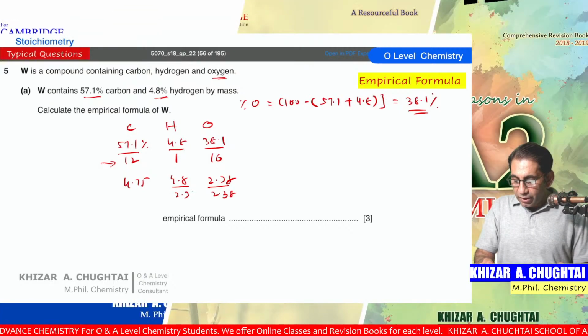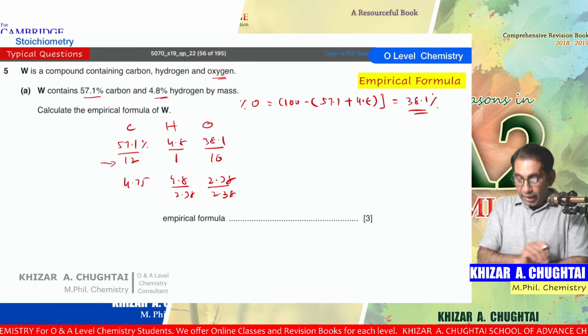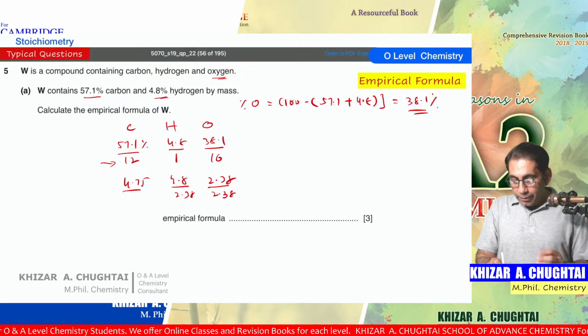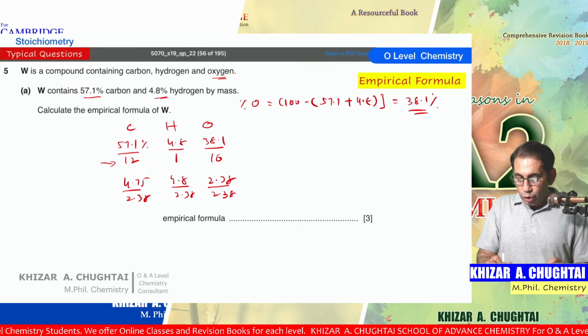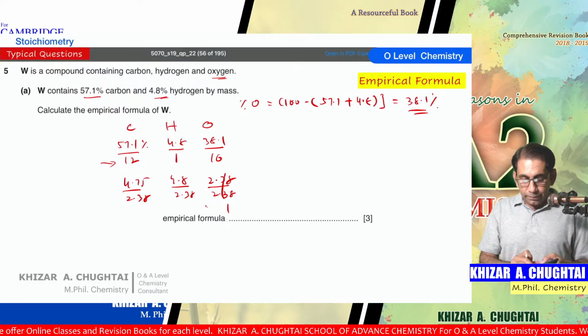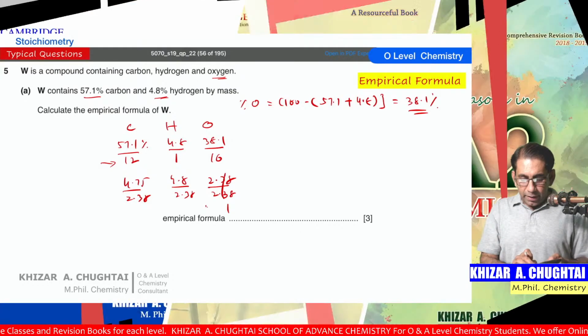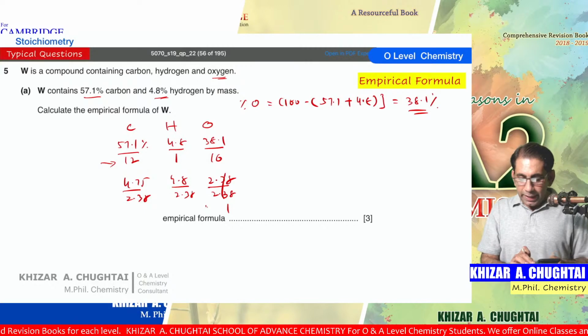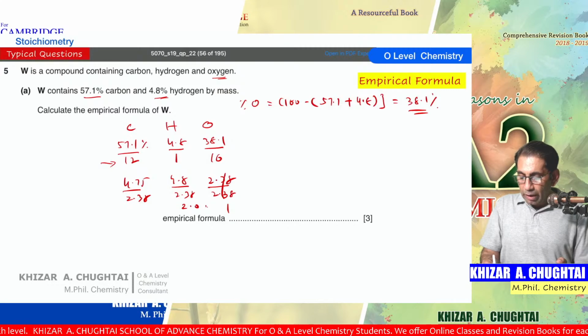I mean 2.38 divided by 2.38 for oxygen, and for carbon 4.75 divided by 2.38, and so on. It will be equal to 1. And what about the hydrogen? 4.8 divided by 2.38, that is equal to 2.0, I mean it's 2.